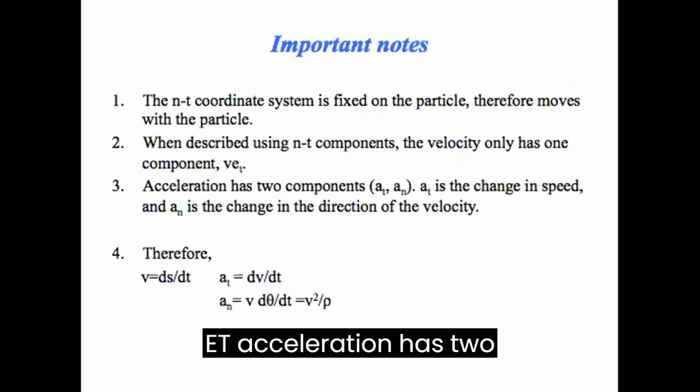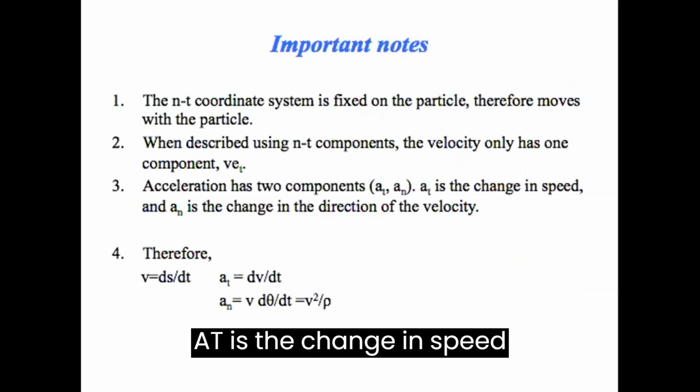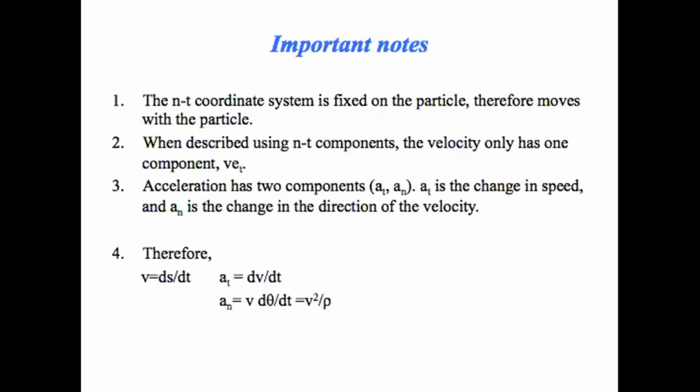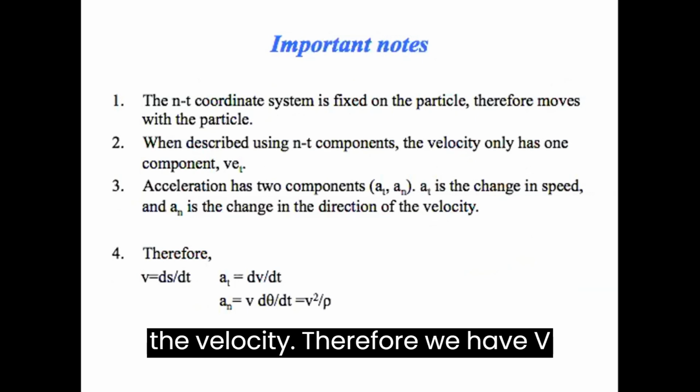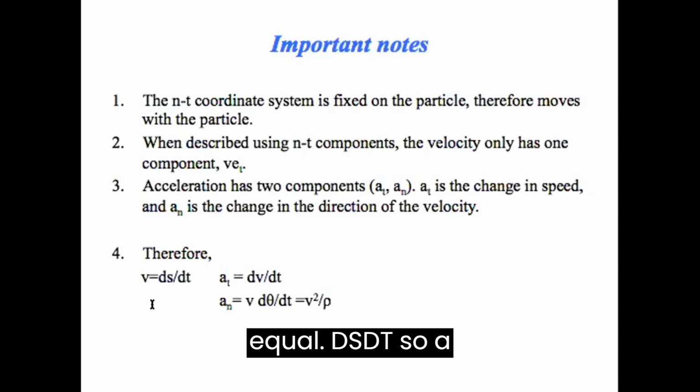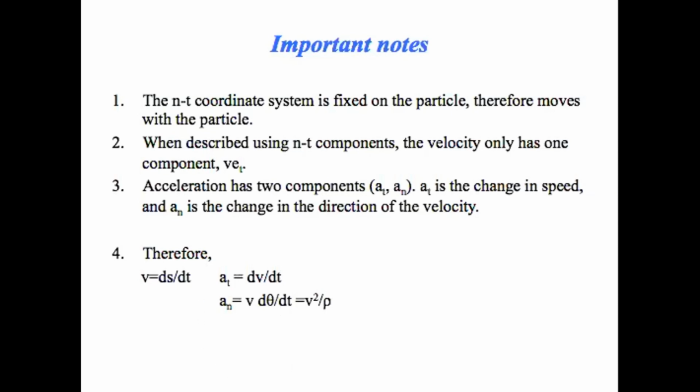Acceleration has two components, AT and AN. AT is the change in speed and AN is the change in the direction of the velocity. Therefore, we have V equals ds/dt, AT equals dv/dt, and AN equals v squared over rho.